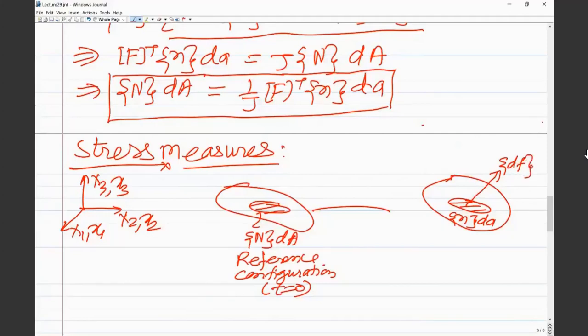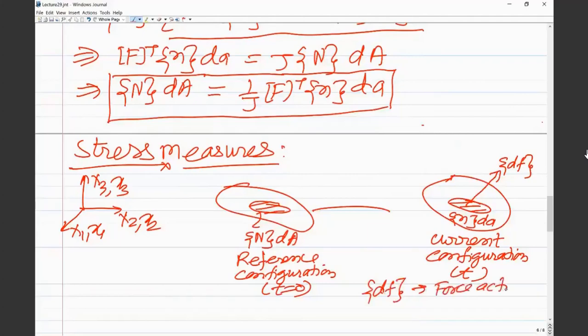So this is acting on the deformed area, in the current configuration at t, and this vector df is the force acting on area NDA in the current configuration.